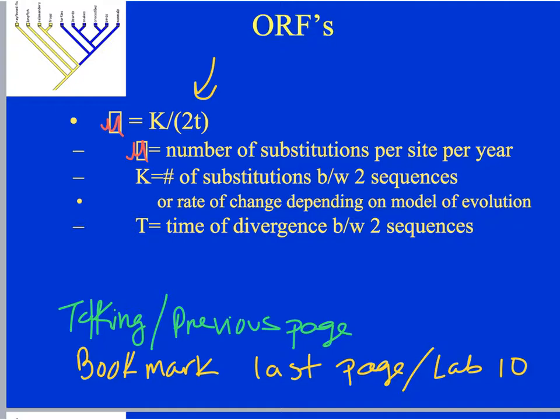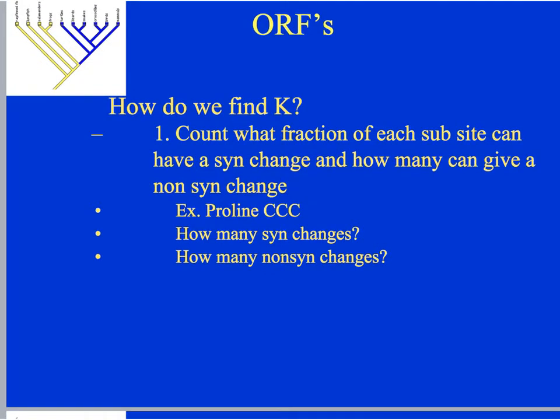All right, so again, for K, what we would do is count what fraction of each substitution site can have a synonymous change and how many can give a non-synonymous change. So what the program's doing is it's taking proline, so how many synonymous changes can we have with proline?